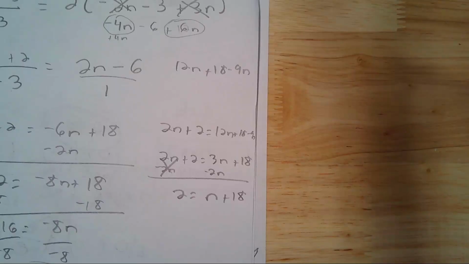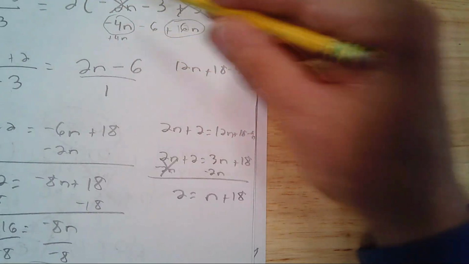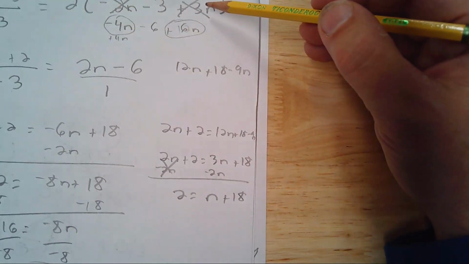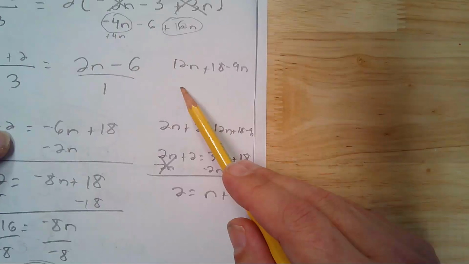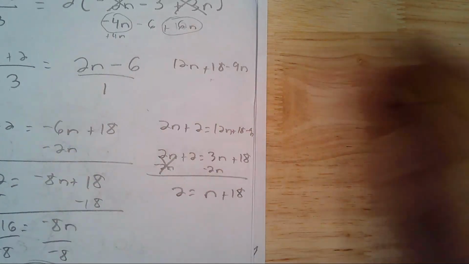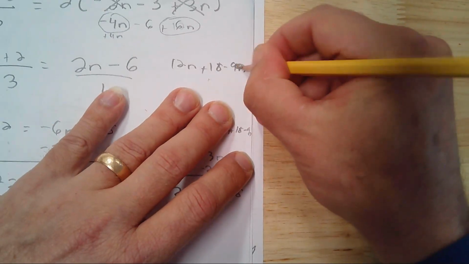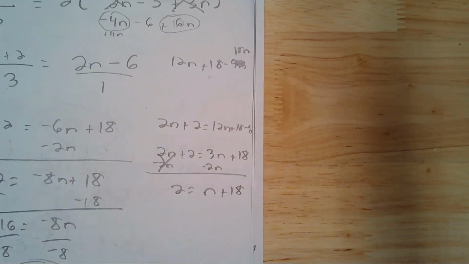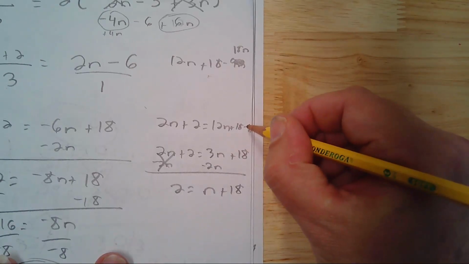We did something wrong. Negative 4n minus 6 plus 6n, I have 12n equals plus 18. Oh, this should have been 18n. Up here, it should be 12n minus 18n, not 9n.